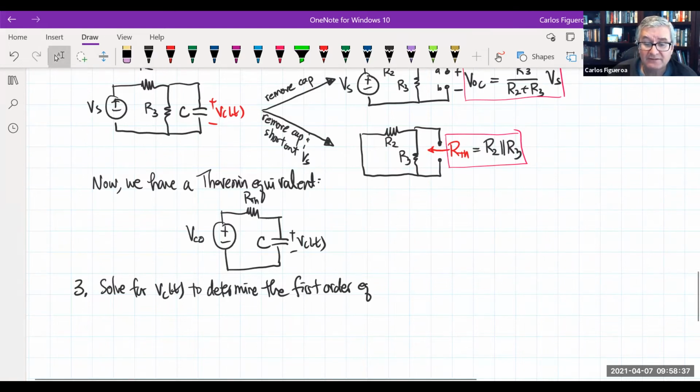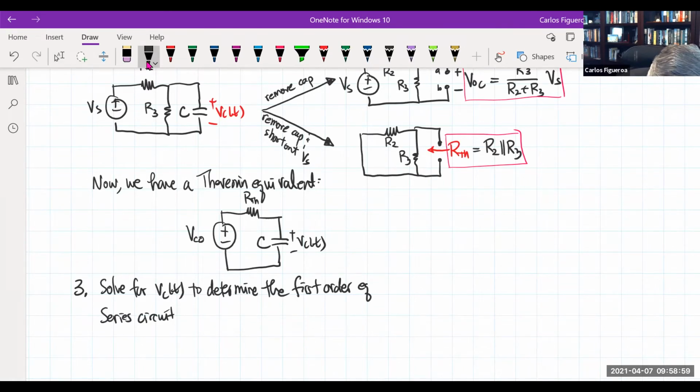When I'm looking at this thing, what we know is that this is a series circuit. And because this is a series circuit, the only thing I can do is talk about voltages. So because this is a series circuit, we must use KVL.